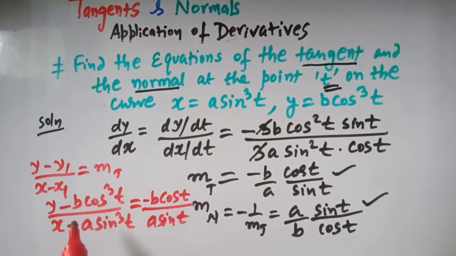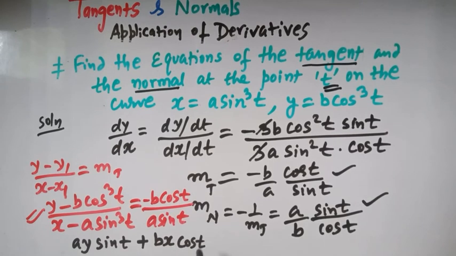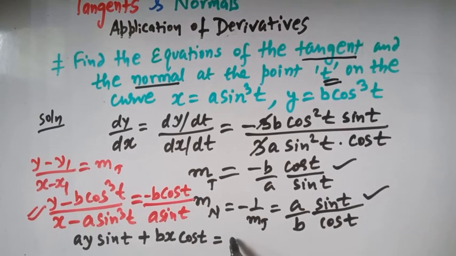And now we can simplify this expression, and we can get the equation of tangent as, if we simplify it, we'll get ay sin t plus bx cos t is equal to ab sin t cos t.